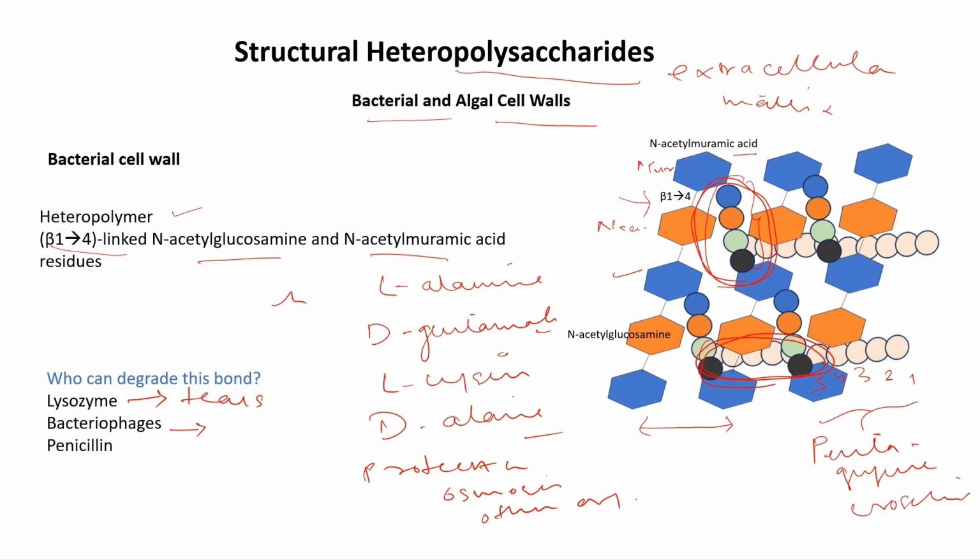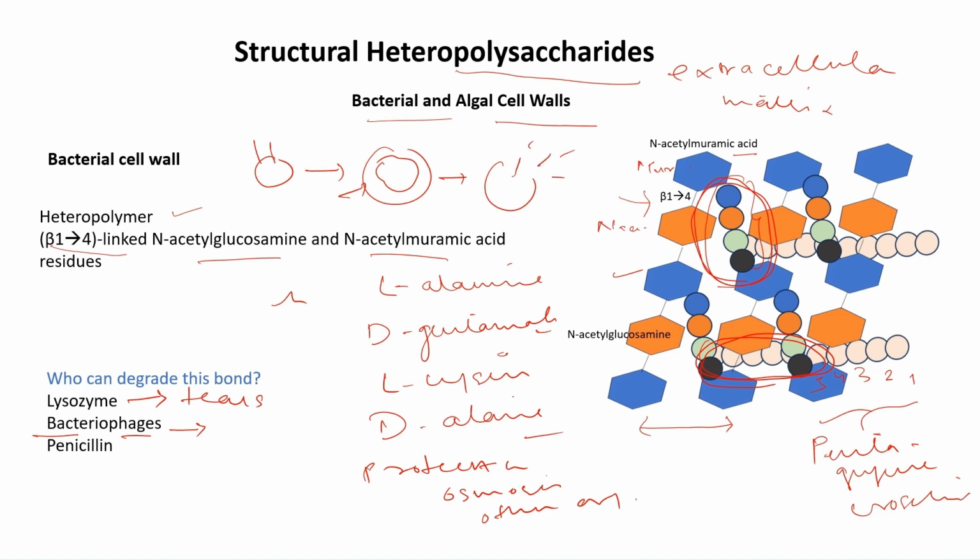Next is bacteriophages. What are bacteriophages? Phages means viruses. Bacterio means bacteria. So viruses that feed on bacteria, or the viruses that kill bacteria, are known as bacteriophages. If you have studied the life cycle of bacteriophages in microbiology, we know a bacteria is attacked by a virus. Now, this virus will complete its full life cycle inside the bacteria and it will burst the bacteria and come out.